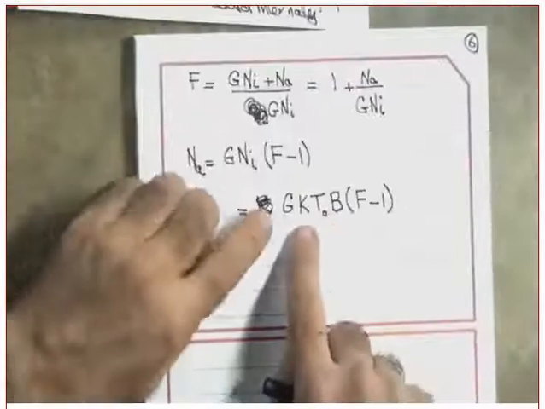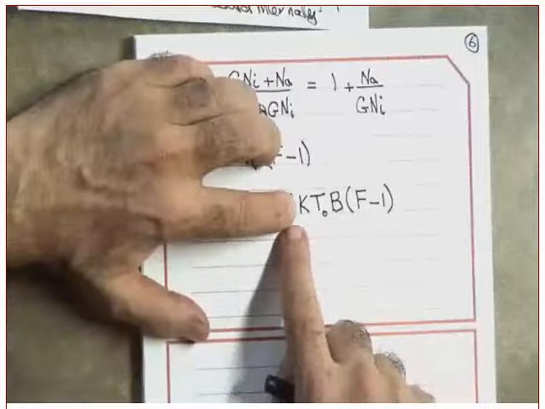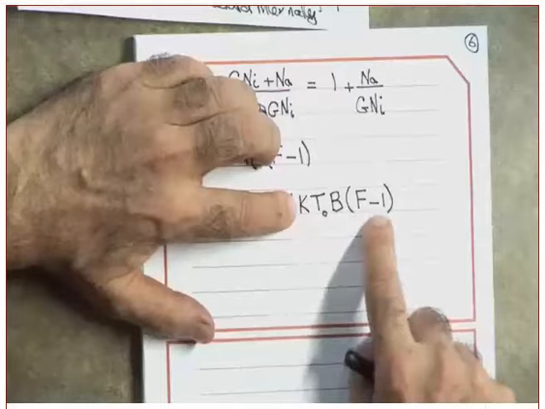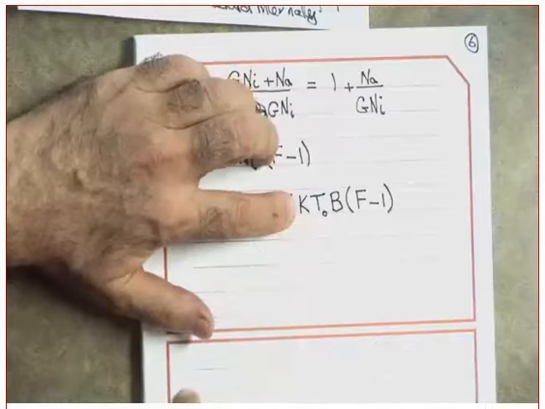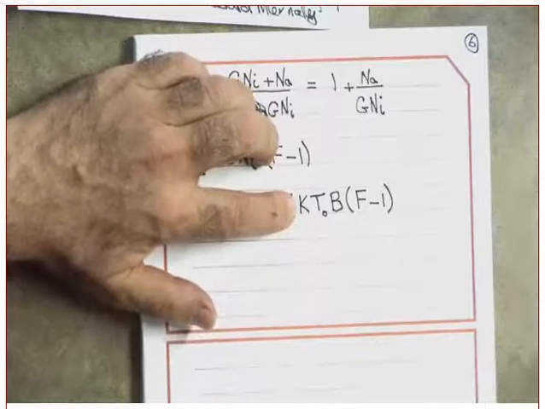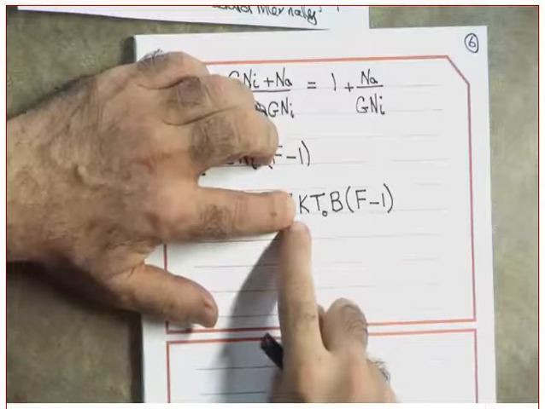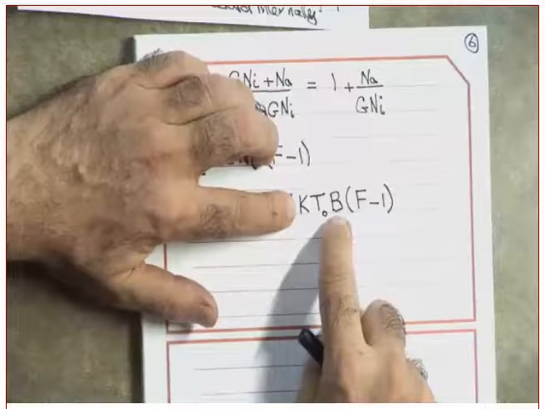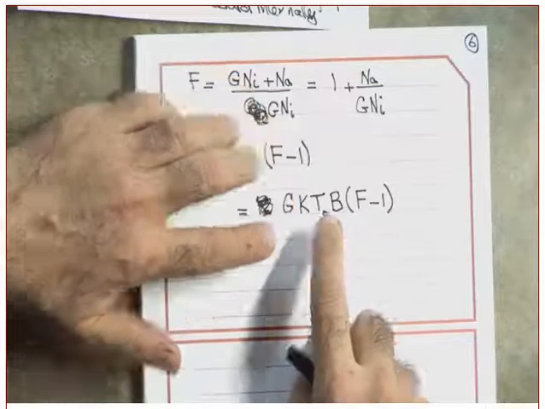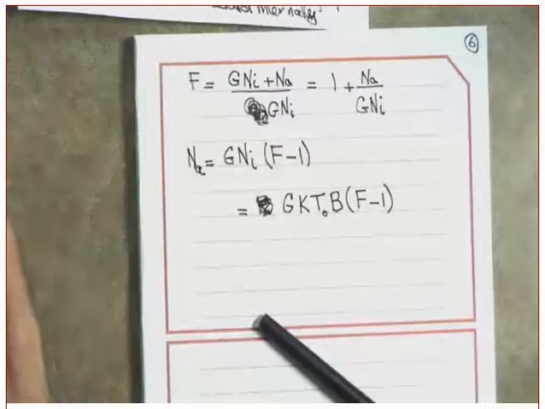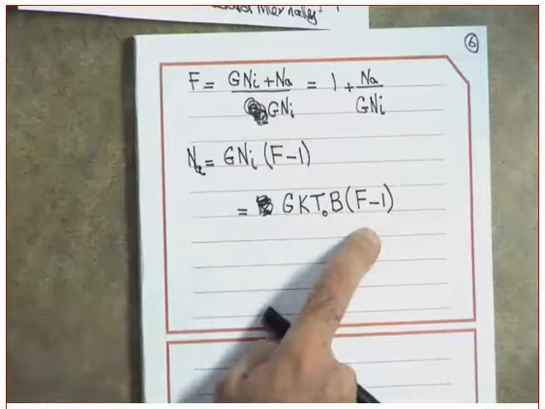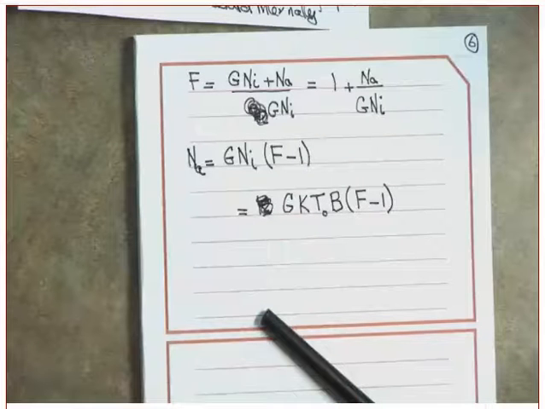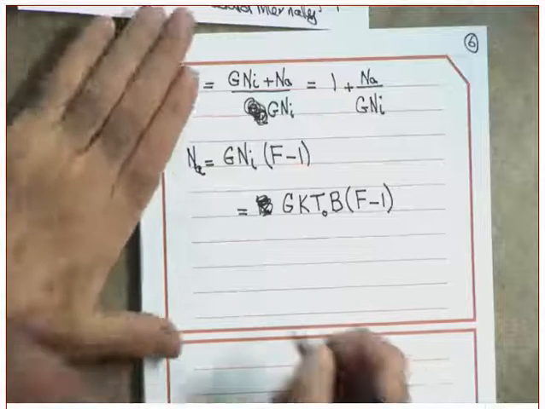Remember, when I say at the input, don't include the G. We already know that the noise power is KT times B. The K is already here. The B is already here. So what does that imply? It implies as if we have a source at temperature T0 times F minus 1 at the input. Did you understand that or not? This I'm going to define.